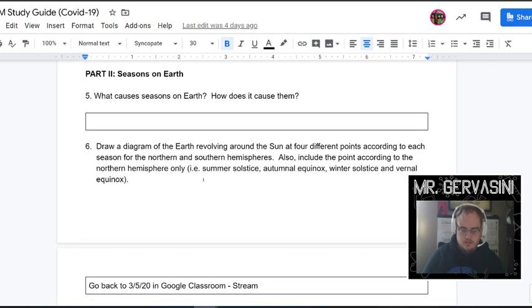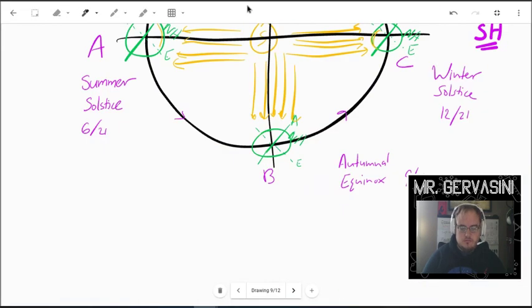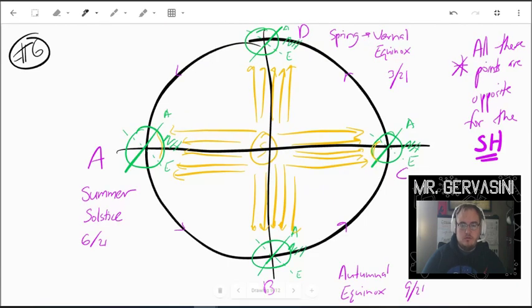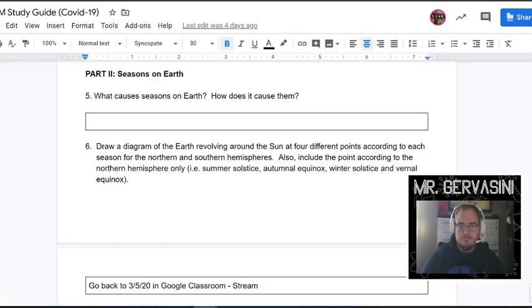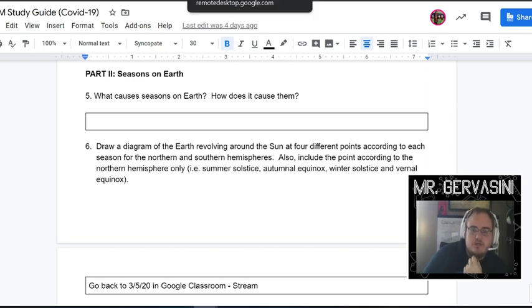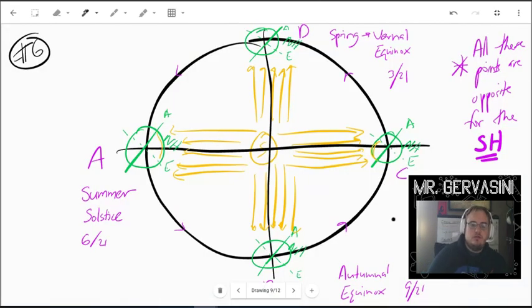So then, let's jump over here. Here's number 6. We'll come back to that in a second. What causes seasons on Earth? How does it cause them? So clearly, the only variable that we're really plotting here on the Earth is the axis.